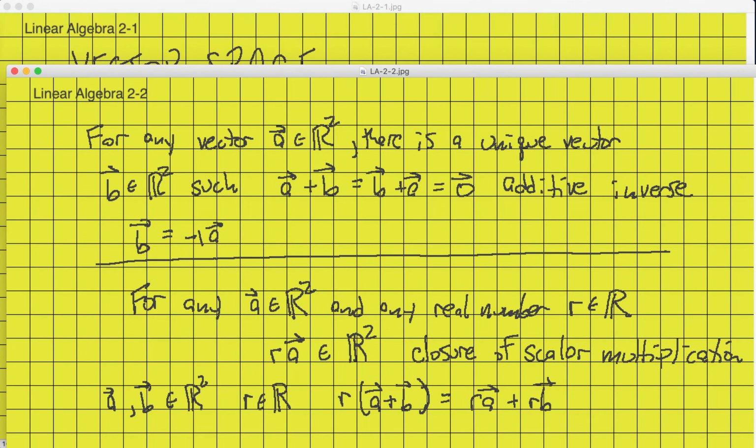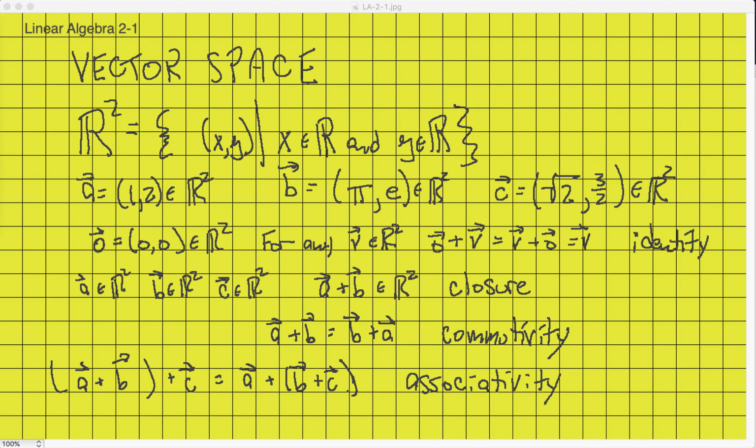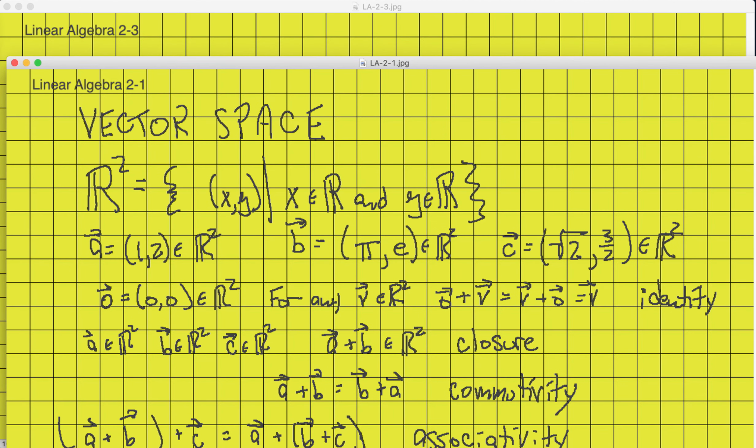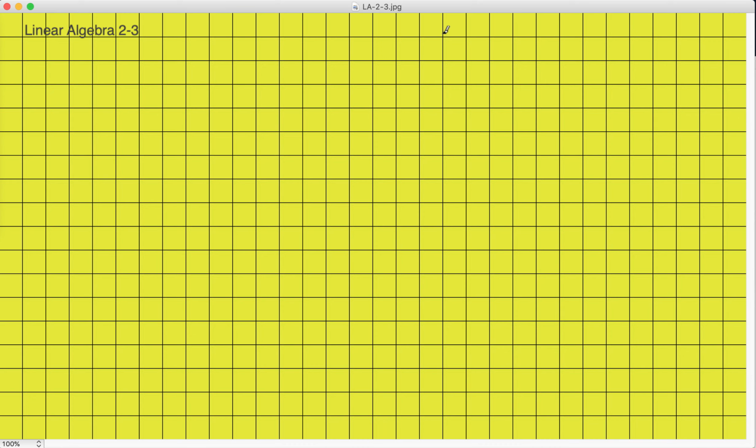So let's consider some examples of what is a vector space and what isn't a vector space. First of all, we already note that this is a vector space.